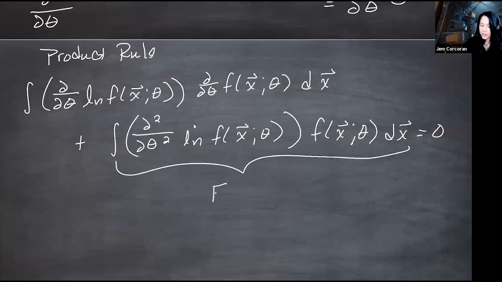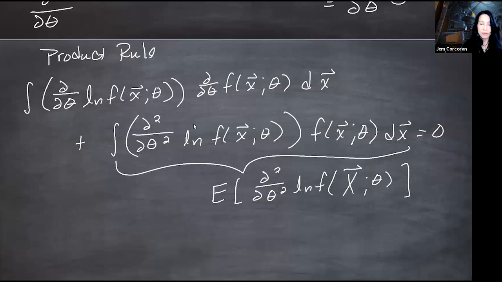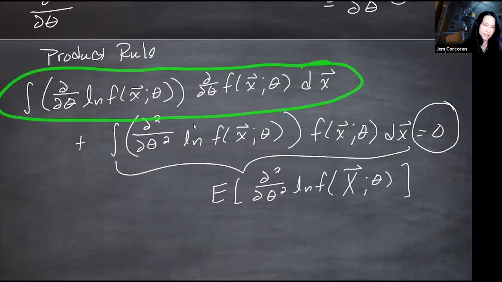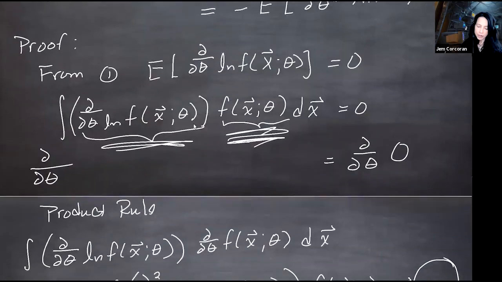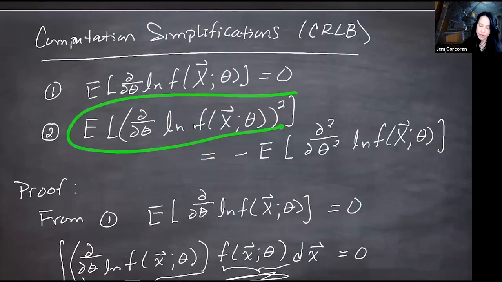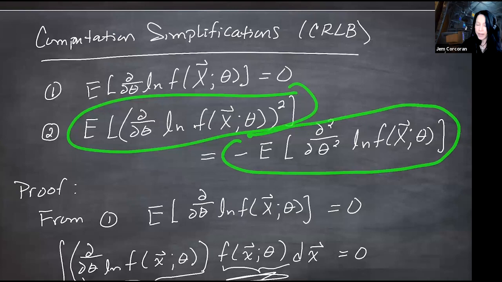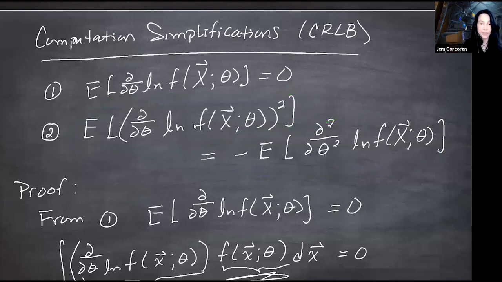So this is actually the expected value of that function with capital X's plugged in. And if we move that to the right-hand side of this equation, we'll have the negative of that. So hopefully this is the original Fisher information, because that's what I'm trying to show. I'm trying to show that the original Fisher information is the negative of the expected value of this second derivative.